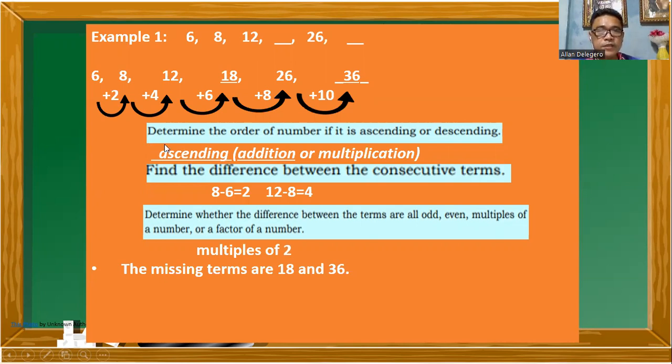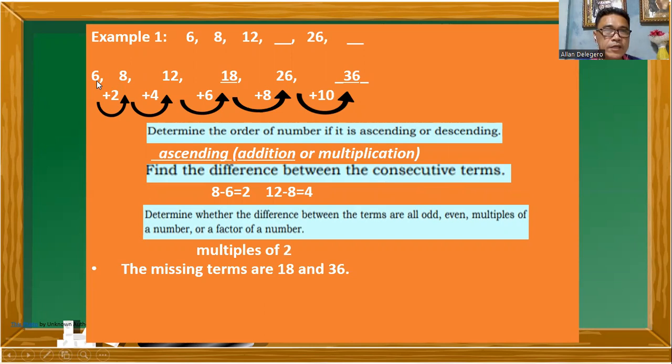Determine the order of numbers if it is ascending or descending. For example number 1, it is ascending order from least to greatest. So, if it is ascending, the operation to be used is either addition or multiplication. Then, step 2, find the difference between the consecutive terms.